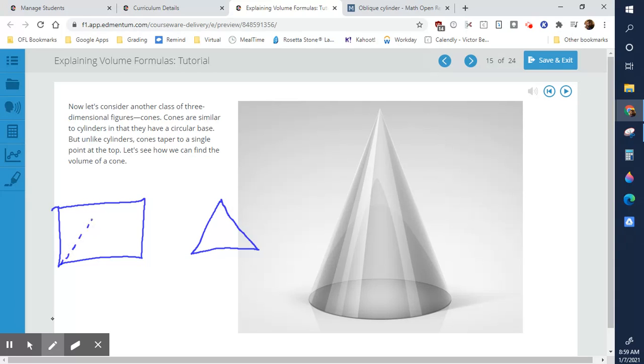It still has the length times the width, but it's half of it because this other triangle has a length and a width as well, except it's kind of cut in half. It's easier to see when you have a right triangle because you can clearly see that it's cut in half. It's cut in half. Well, that's in 2 dimensions.